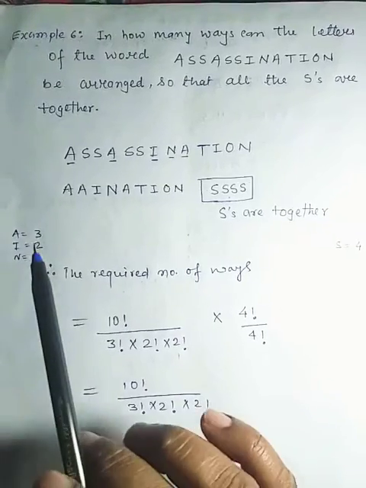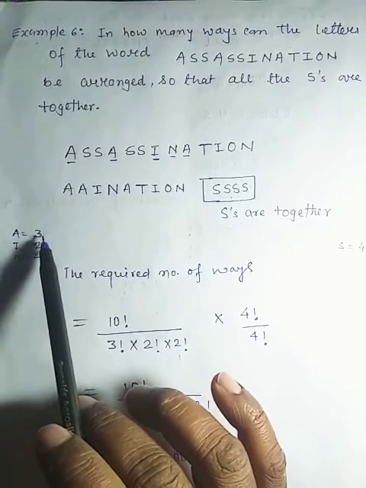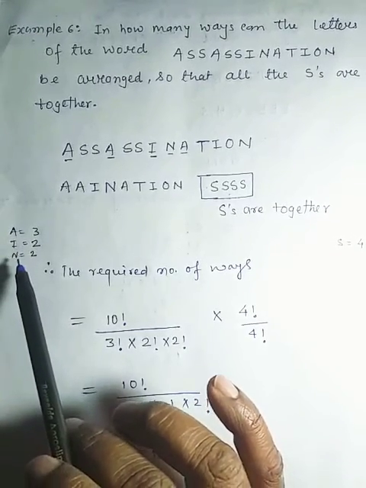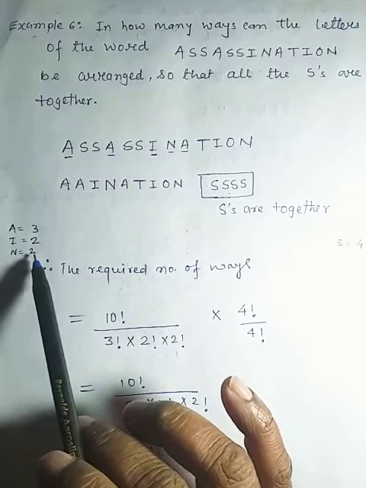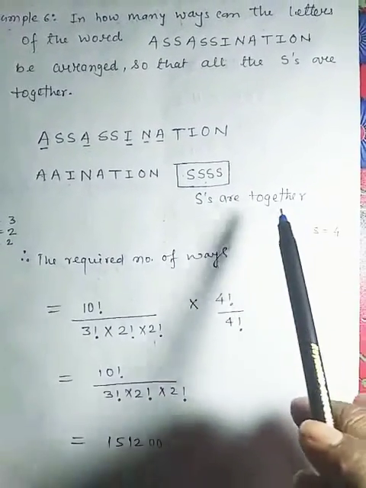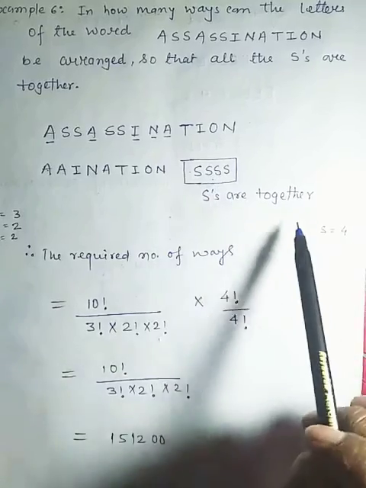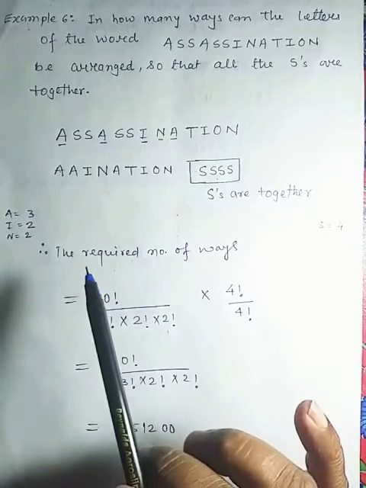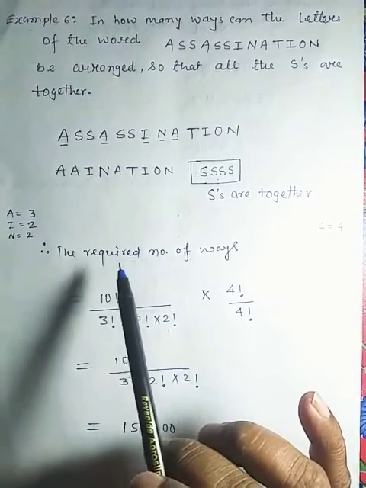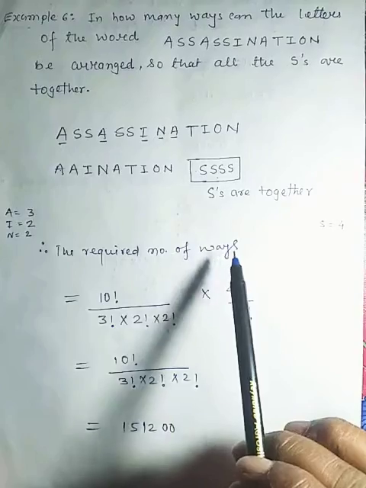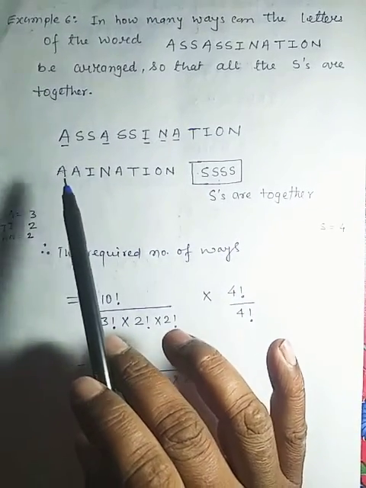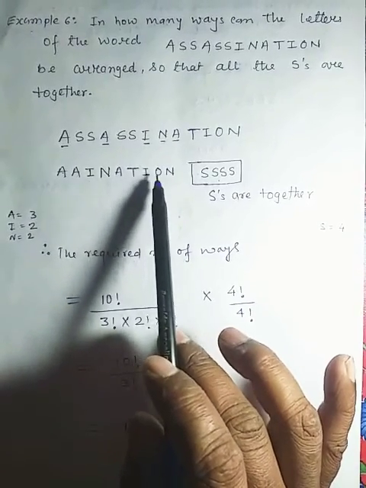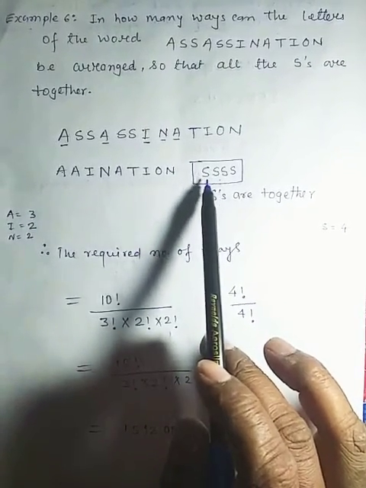In the remaining letters, A appears 3 times, I appears 2 times, and N appears also 2 times. In the bracket, S appears 4 times. Now, therefore the required number of ways is counting 1, 2, 3, 4, 5, 6, 7, 8, 9, and 10.